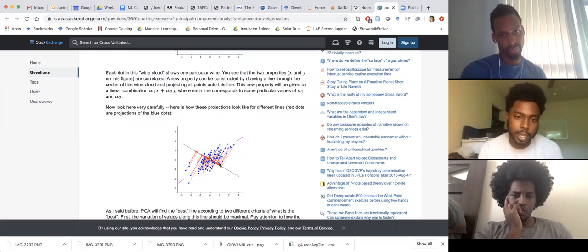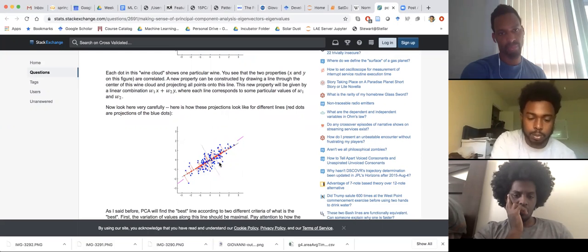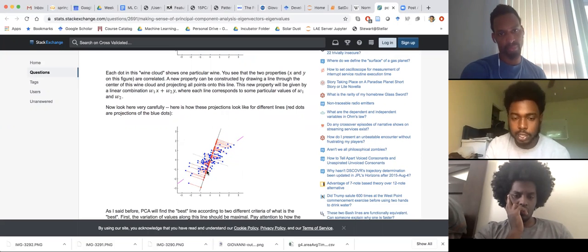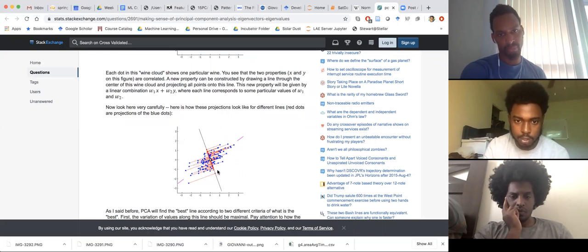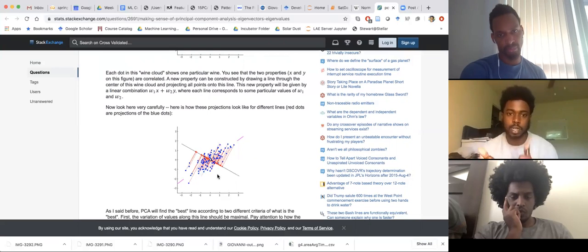You can look at the point when the error becomes minimized. That's when it lines up with these purple points. And then you can also look at the variance, which is the distance between these red dots. So you can see here that the variance is minimized, but remember, we're trying to maximize the variance to capture as much information.